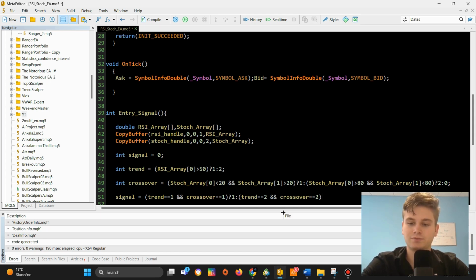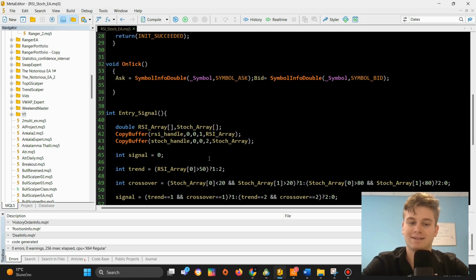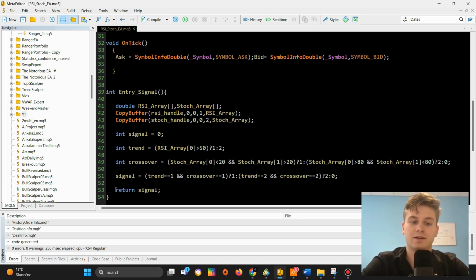So I will assign it a value of 2. And if this is not the case, then the signal will remain at 0, which means that there's no signal. And then I will return the signal variable at the end of the function.